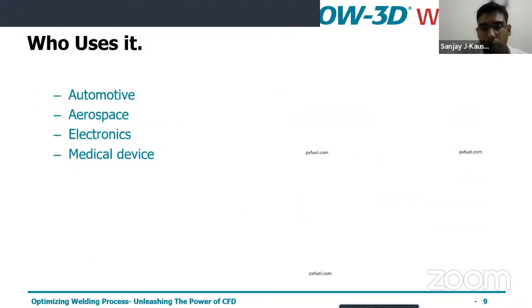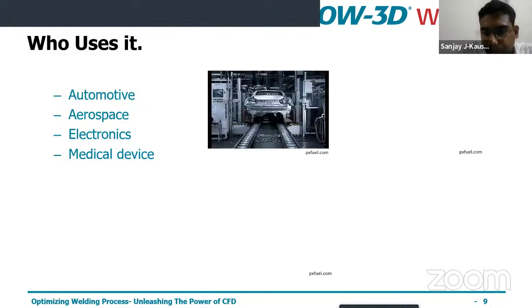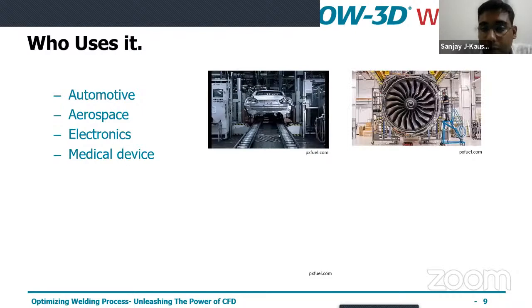And who uses laser welding processes? There are various industries that use laser welding processes, but superficially we can say there are four industries that heavily rely on them. We have automotive, where they extensively use laser welding for merging sheet metals. We have aerospace, where they use the laser cladding method to repair their gas turbines.